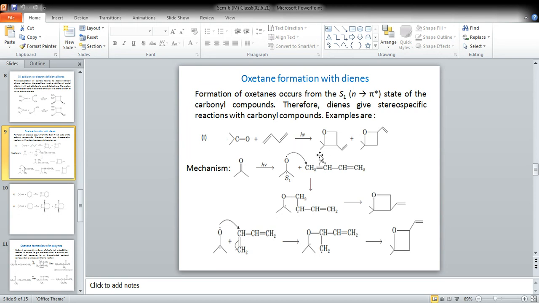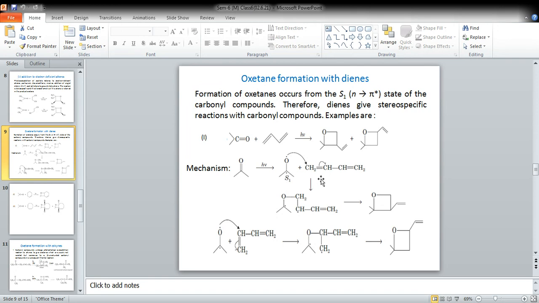Here, supposing you may get this product or that product, depending upon the mechanism involved. If we want to get the first product, what type of mechanism will be involved? Like this. This carbonyl compound first absorbs light and is excited to the singlet state, so free radicals are generated.